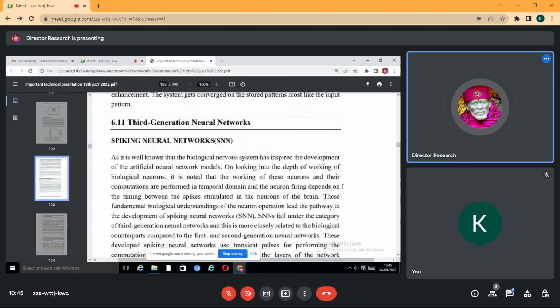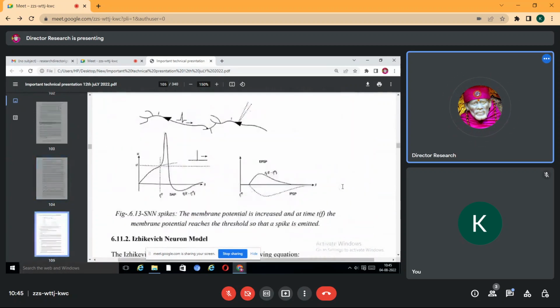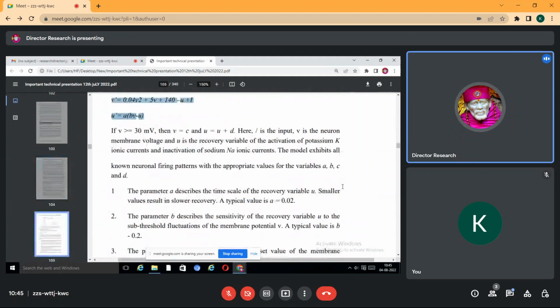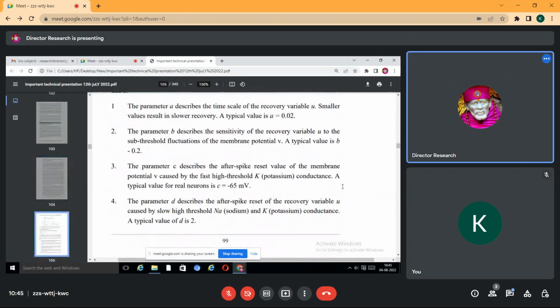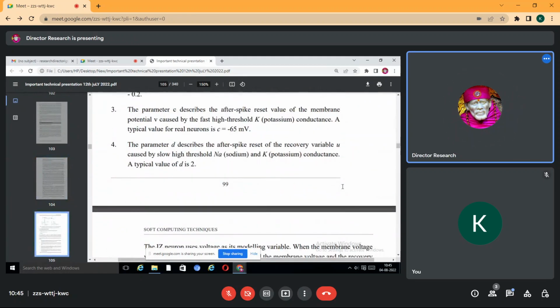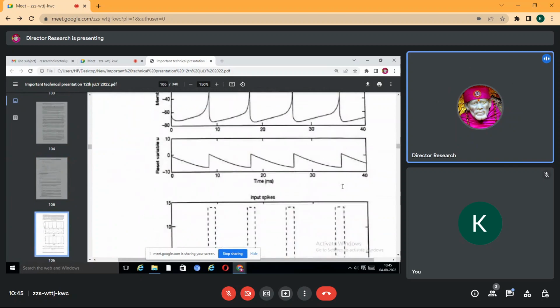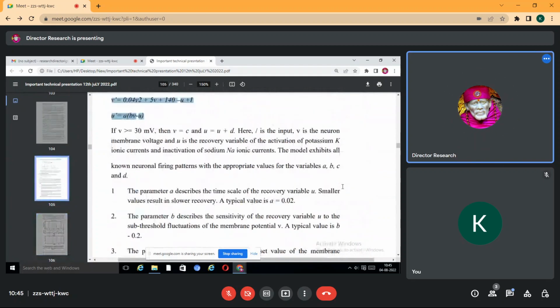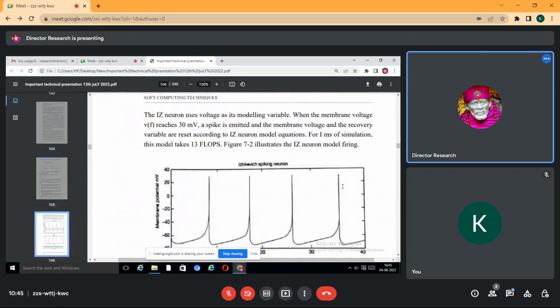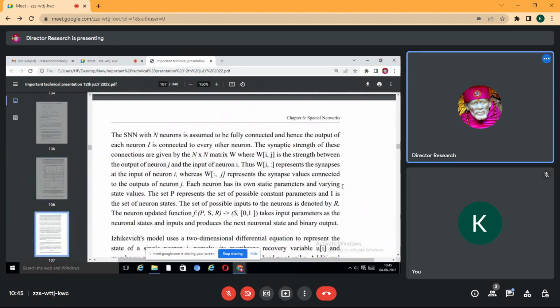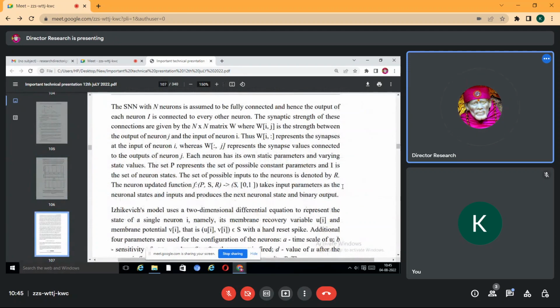The concept of spiking neural network. A spiking neural network with n neurons is assumed fully connected to the output.